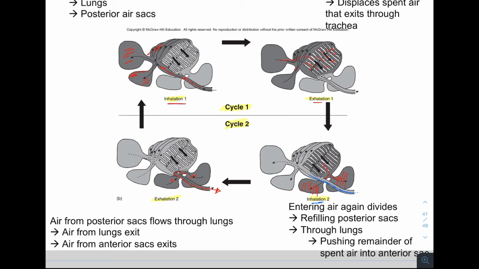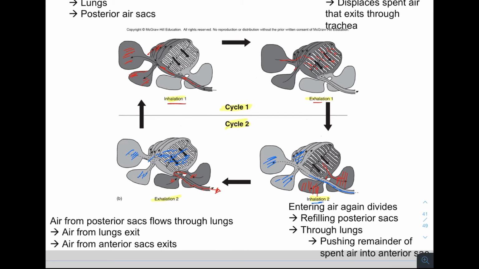the air is going to flow into the trachea and go and fill those posterior air sacs and just the beginning of that lung right there. During exhalation 2, that air from those posterior air sacs will get pushed over most of that lung right there where that gas exchange is going to take place.